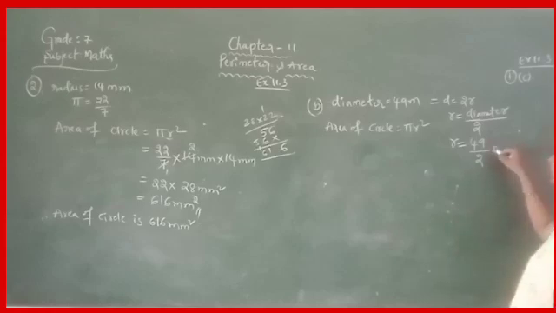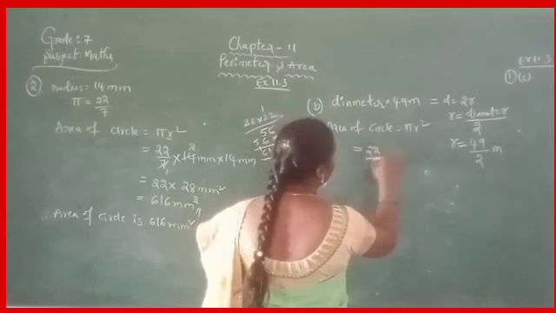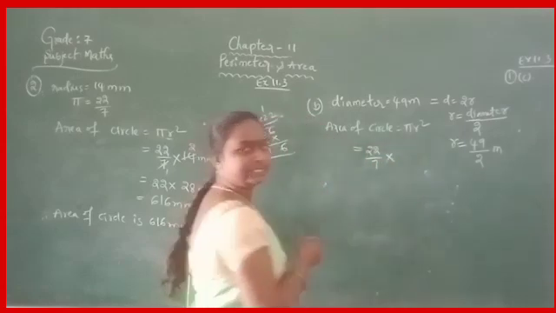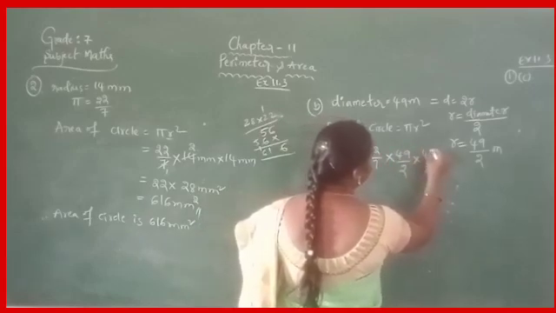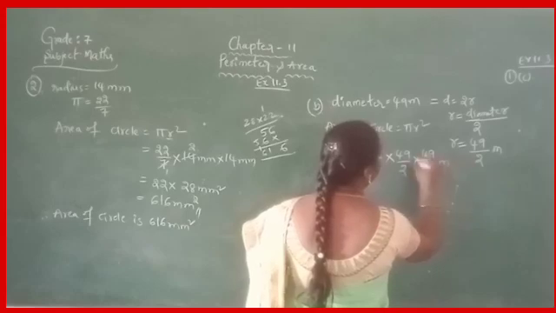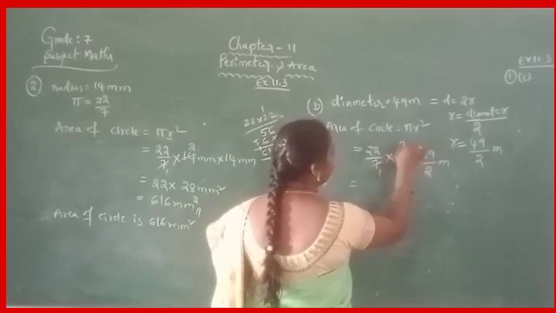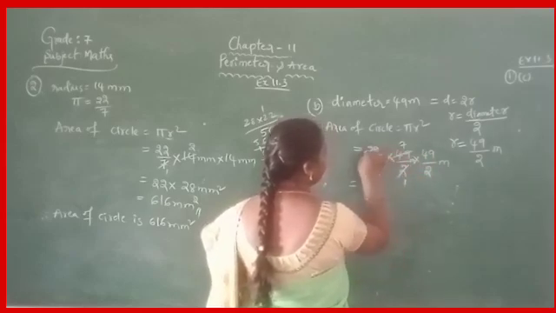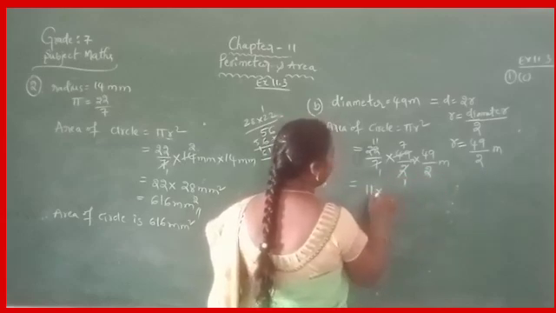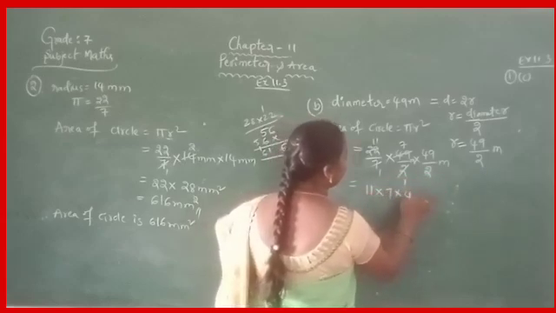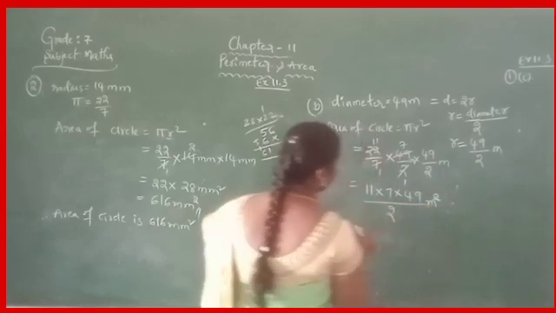49 by 2 meters. Substitute here in πr²: 22 by 7 into radius 49 by 2 into 49 by 2 meters. Units are compulsory. Now 7 ones, 7 sevens, 2 ones, 2 elevens. Next is not possible, so the remaining values: 11 into 7 into 49 by 2 meter square.